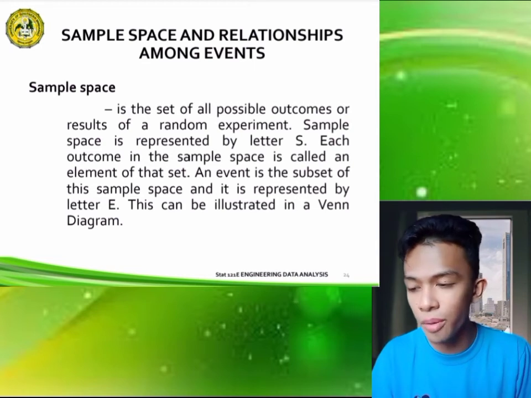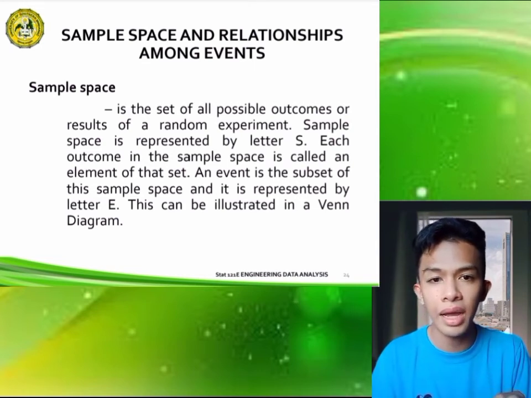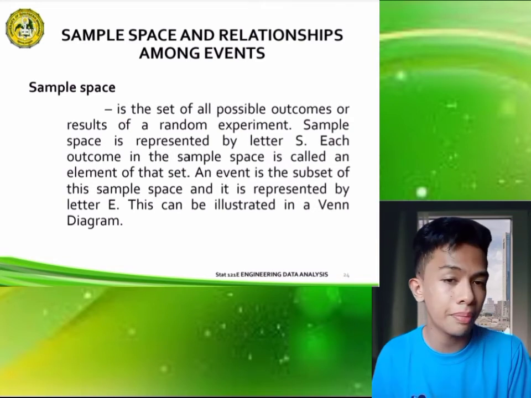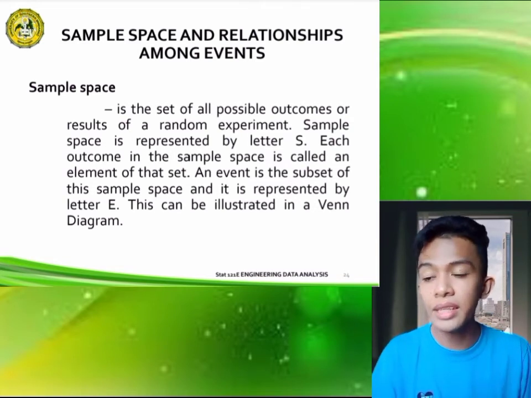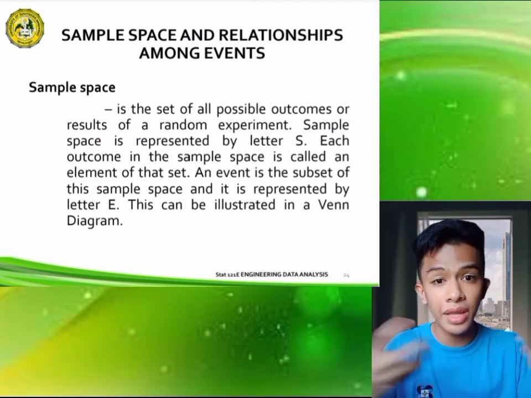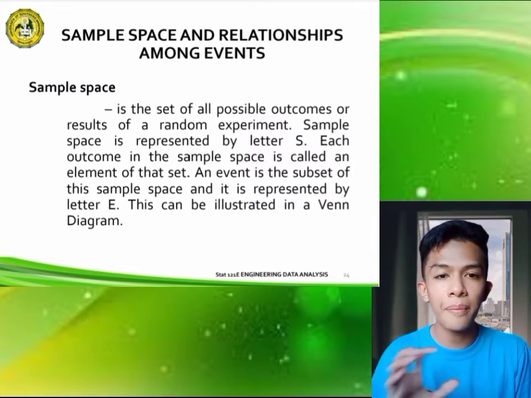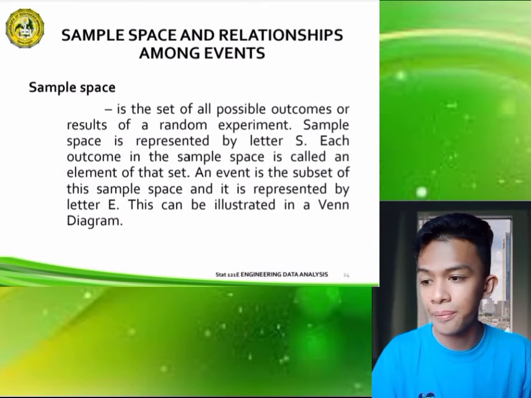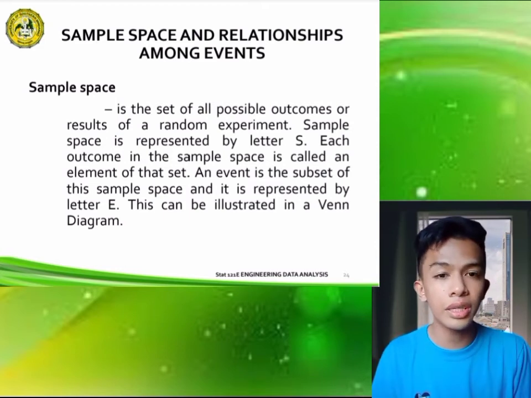For example, we have a sample space of people, say in a certain barangay, where we count how many are aged 17 and above, how many are female, how many are male. And this can be illustrated via a Venn diagram. Because in a Venn diagram, there are things that are not in common, and there are also things that are in common. Okay, so a good example of this is rolling a dice.